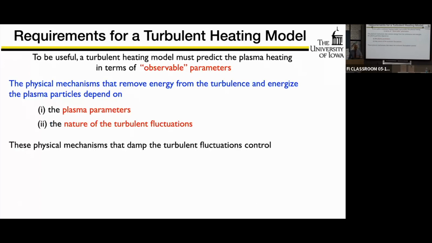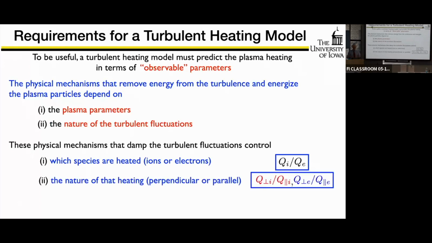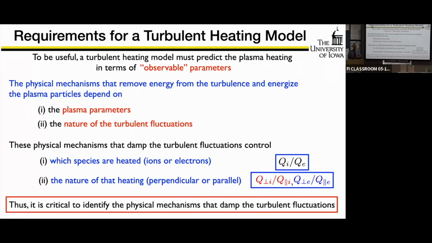These physical mechanisms will damp the turbulent fluctuations, and they will control which species are heated, the partitioning of energy, as well as whether they're heated in the perpendicular or parallel degrees of freedom, which again has a significant observational consequence. So it's really critical to identify those physical mechanisms that damp the turbulent fluctuations.